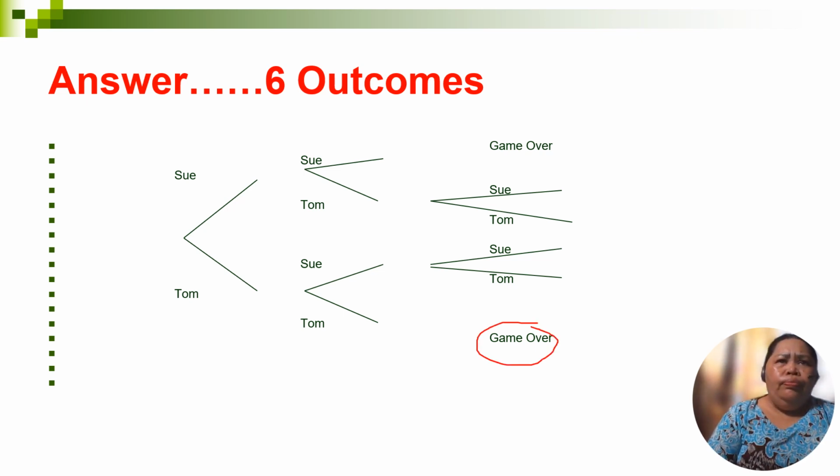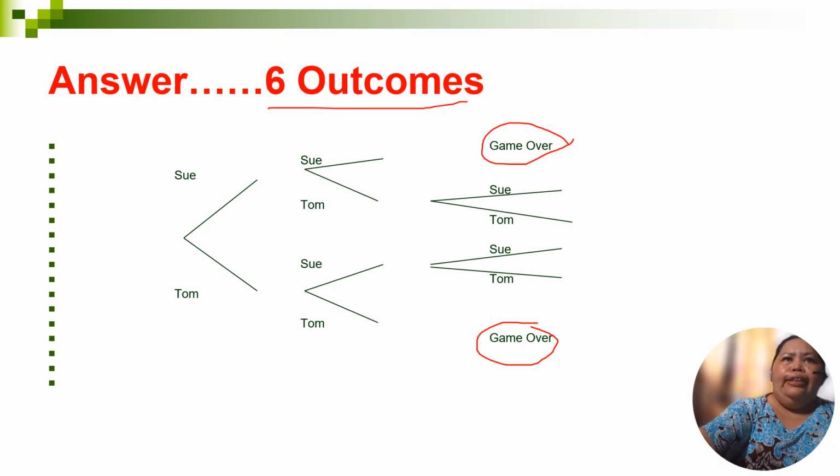Of course, the first with no partner will be out. So there are only three outcomes. I hope you understand already.